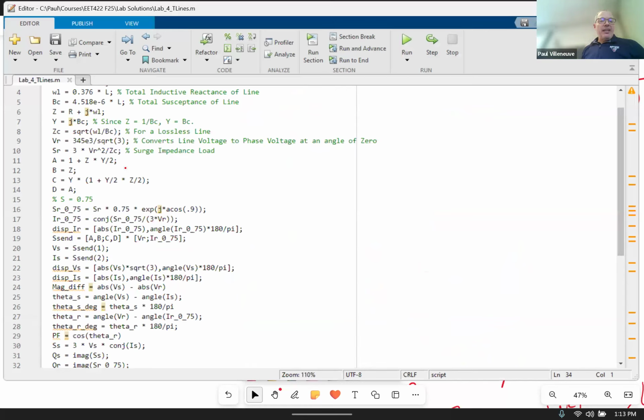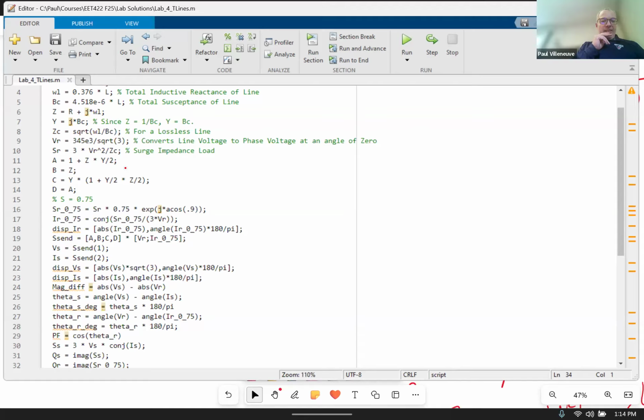So I have my sending in power, my current, and then I just display the current if you want to have it displayed. Then my sending in actual power is VR times IR, and I just denoted it running at 0.75. My sending in voltage is just in my multiplication matrix for my sending in.